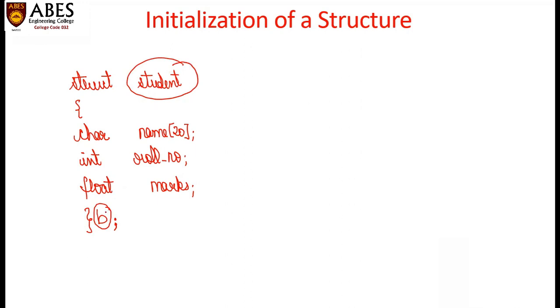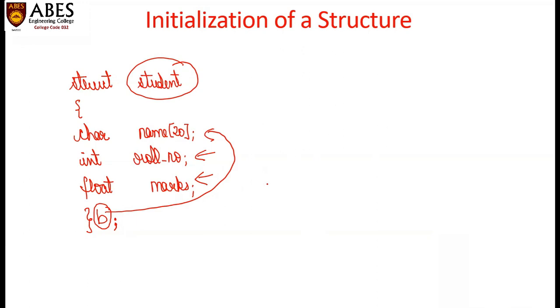B can access name, roll number, and marks. But without this B, we cannot access the data members of structure student. To all other variables, it will be invisible.